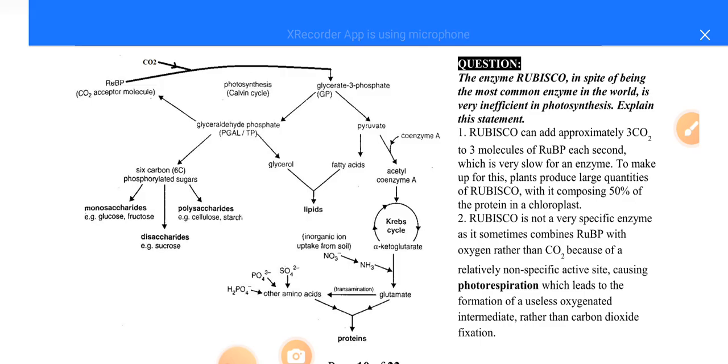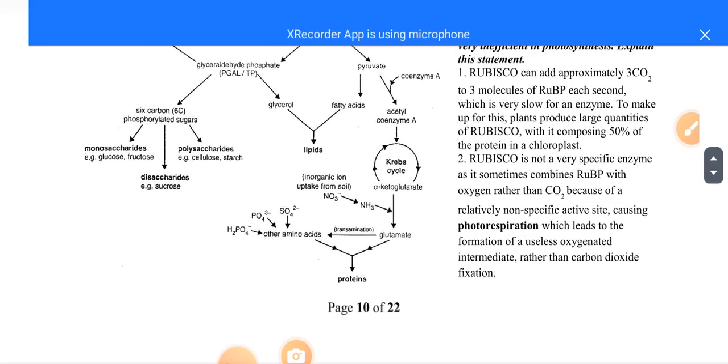Now too, Rubisco is not a very specific enzyme, as RuBP can sometimes combine with oxygen rather than carbon dioxide, because of a relatively non-specific active site, causing photorespiration, which leads to formation of a useless oxygenated intermediate rather than carbon dioxide fixation.